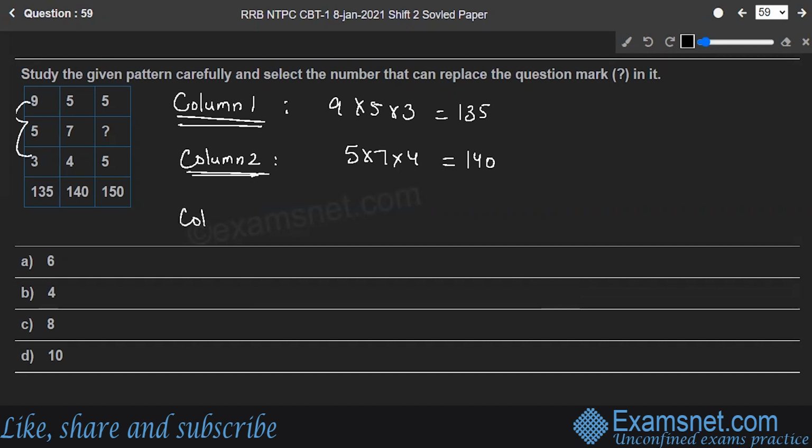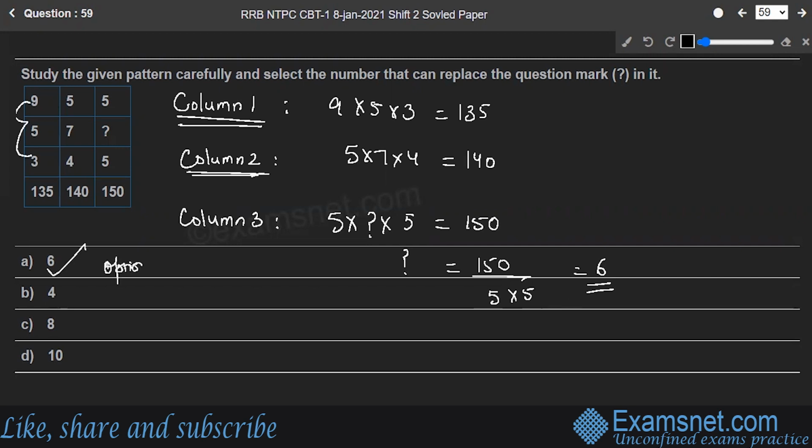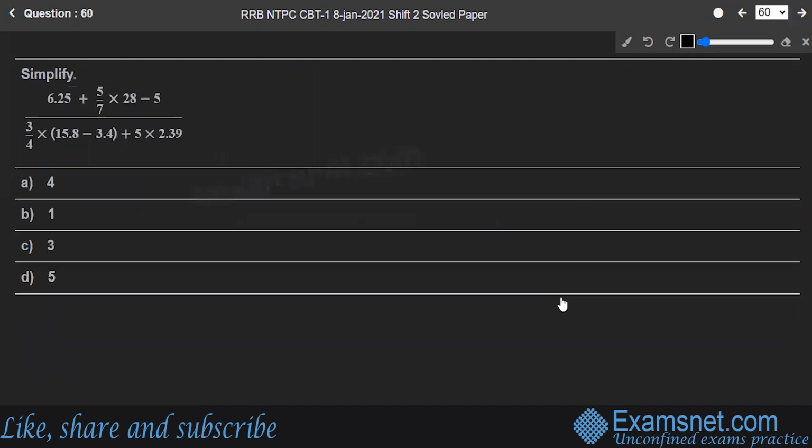Now, in the third column, same rule will be applied. 5 multiply question mark multiply 5 is equal to 150. So question mark is equal to 150 upon 5 multiply 5, which will give me 6. So that means option A is the correct answer to this problem. Hope you understood this. Next is question number 60.